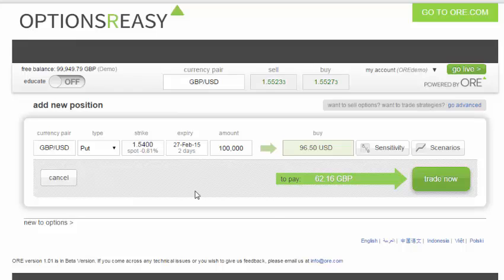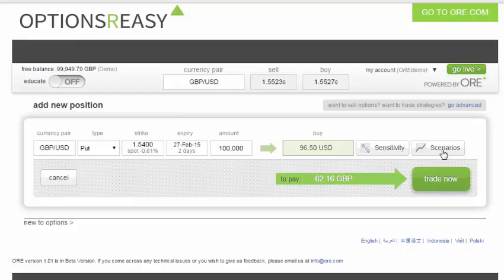The flexibility on investment size shows just how dynamic an option trade can be. So in summary, this is a put with a reserve rate to sell 100,000 sterling dollar at 154 over the next 2 days, and it will cost me $96 or £62 in my own currency.